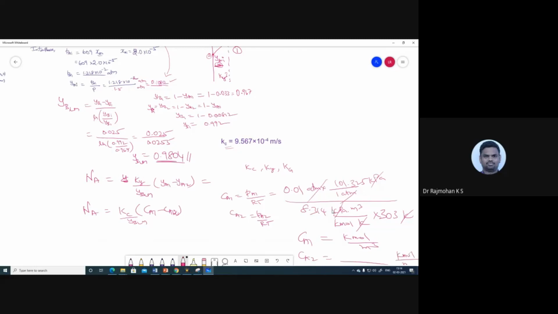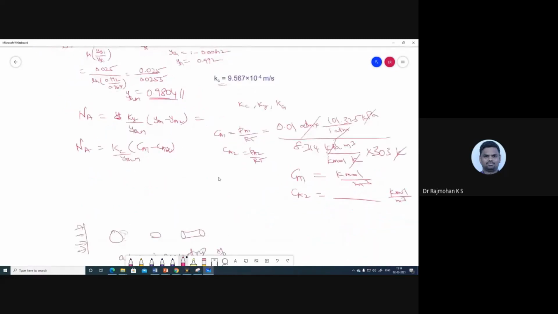Please report your values. You can substitute that in the expression to get your Na value. Kc value is given, 9.567 into 10 power minus 4, divided by Yb logarithmic mean, which is 0.9804, into Ca1 minus Ca2.